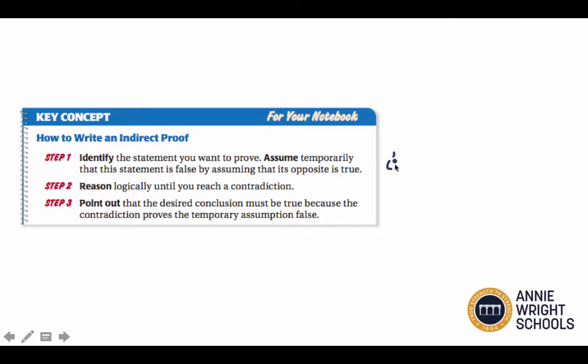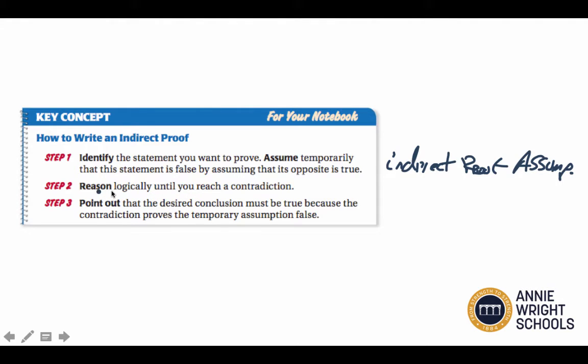So that's called the indirect proof assumption. You assume what you're trying to prove is false, or you assume something is false. It doesn't always have to be what you're trying to prove, but most of the time it is.